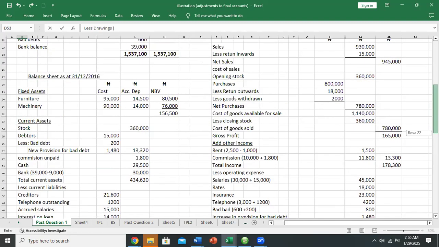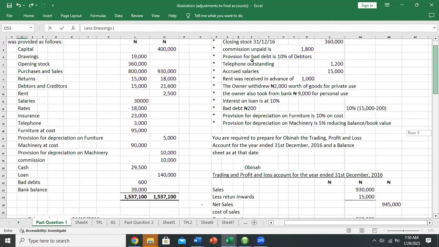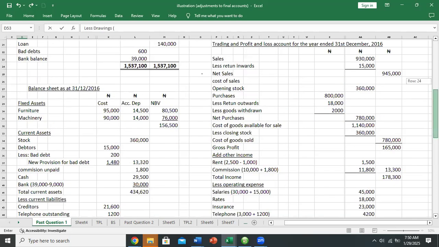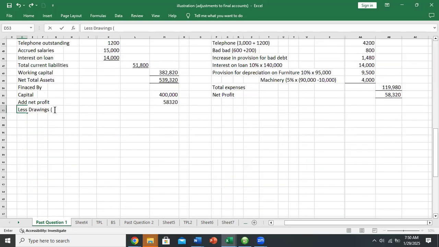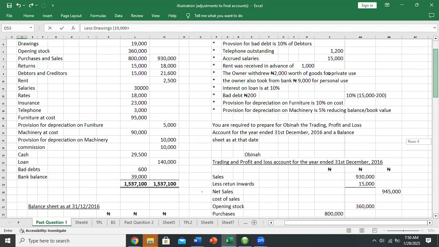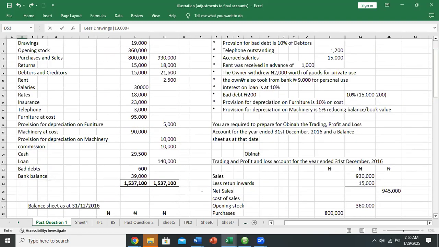Already you have 19,000 in the trial balance. So pick that one. And because we have additional information telling us that the owner took goods for private use, that's 2,000, and he also took 9,000 as well. So that's 11,000.